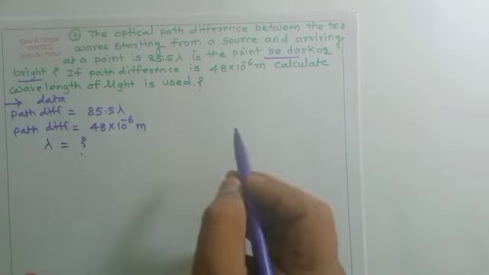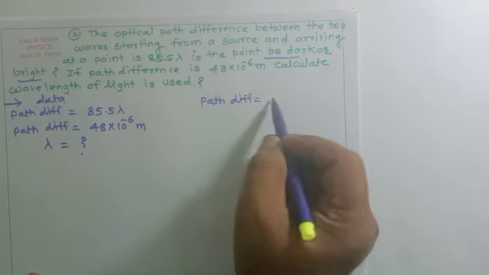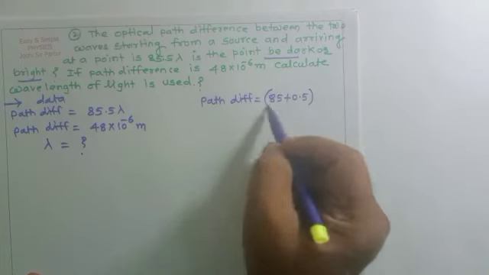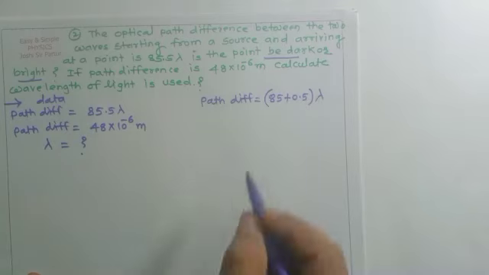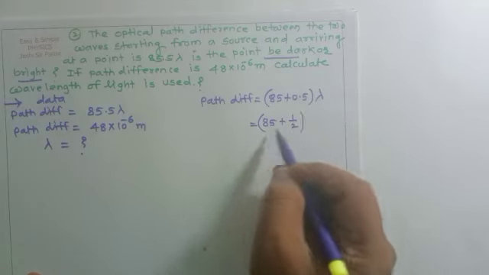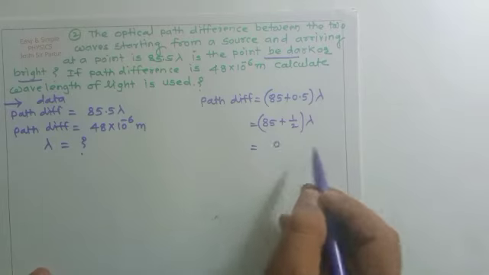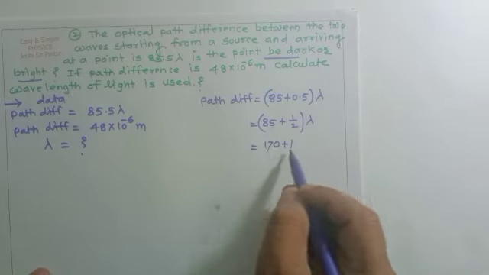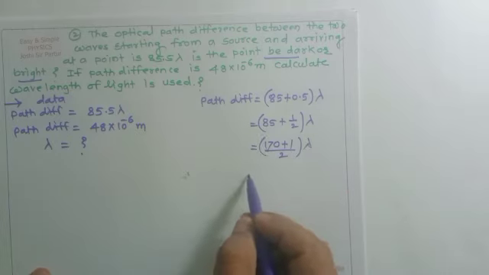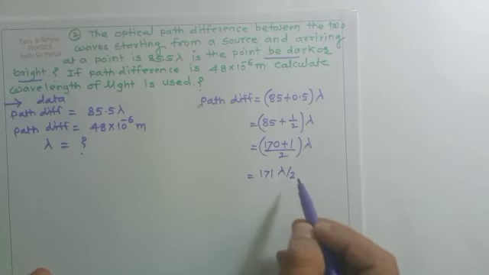In such a case, the path difference will be 85 plus 0.5 lambda. So it is 85 plus 1 upon 2 multiplied by wavelength lambda. That is 170 plus 1 divided by 2 wavelength lambda, and it will be 171 lambda upon 2.